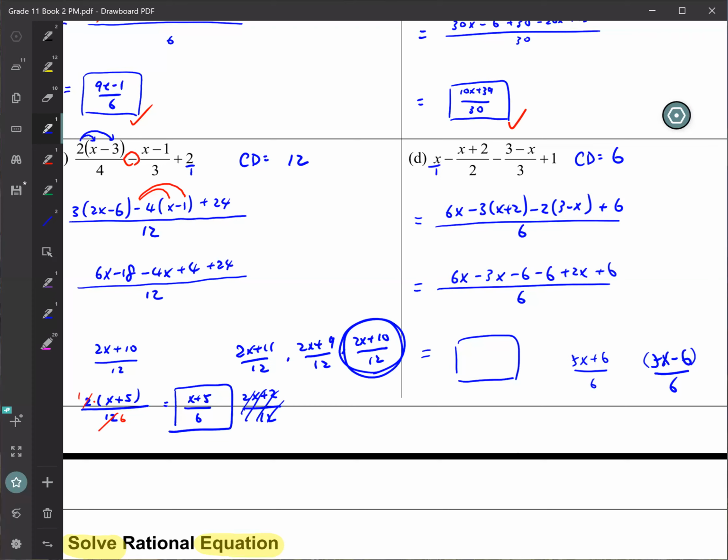If we combine the like terms, we have 5x, right? 6 minus 3 is 3, plus 2x, so 5x. And then negative 6 plus 6, those two will cancel each other, so they will be gone. So you should be left with minus 6 over 6. Remember the 6 cannot cancel out, so that's all for this question. You leave it like that.